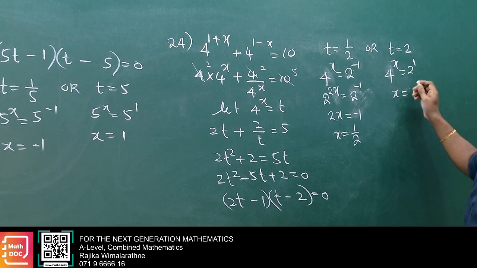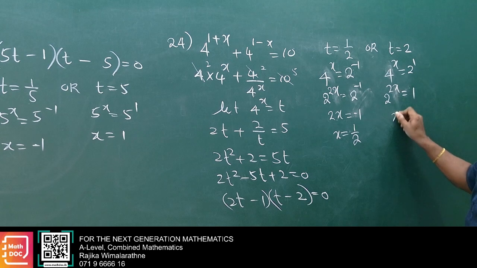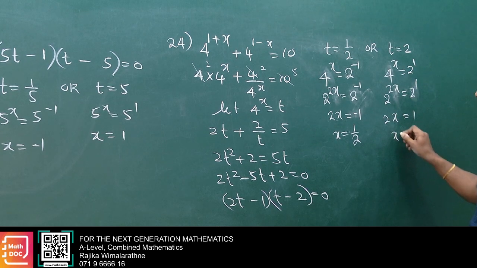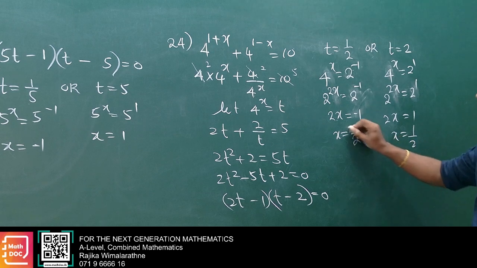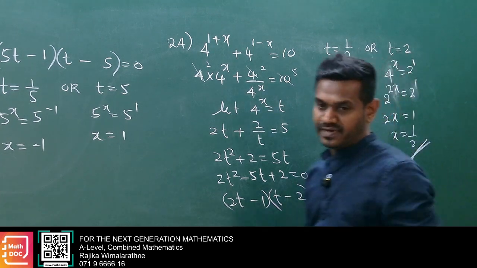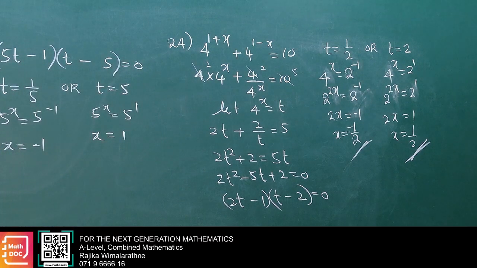Here 4 to the power x is 2 to the power 2x equals 2 to the power 1, so 2x equals 1. So x equals minus half and plus half. Do the rest on your own.